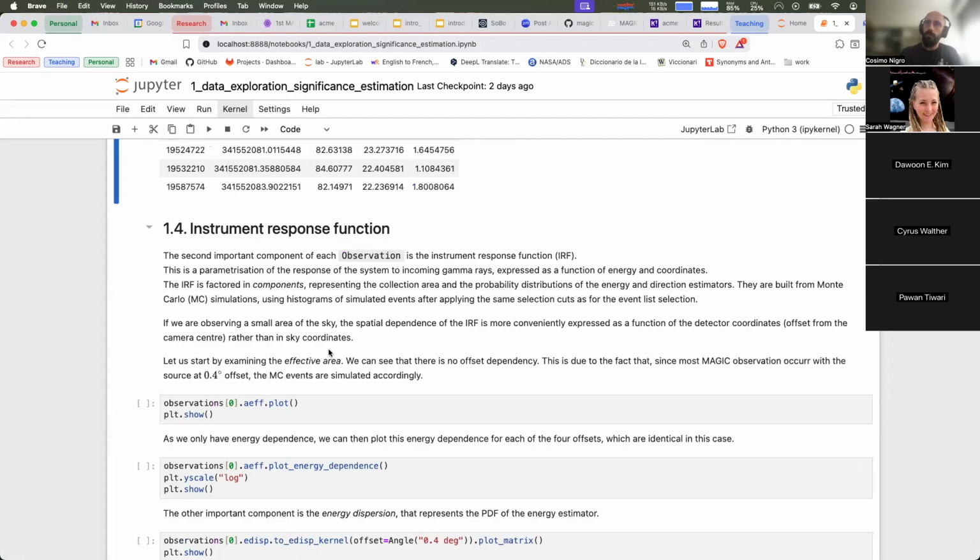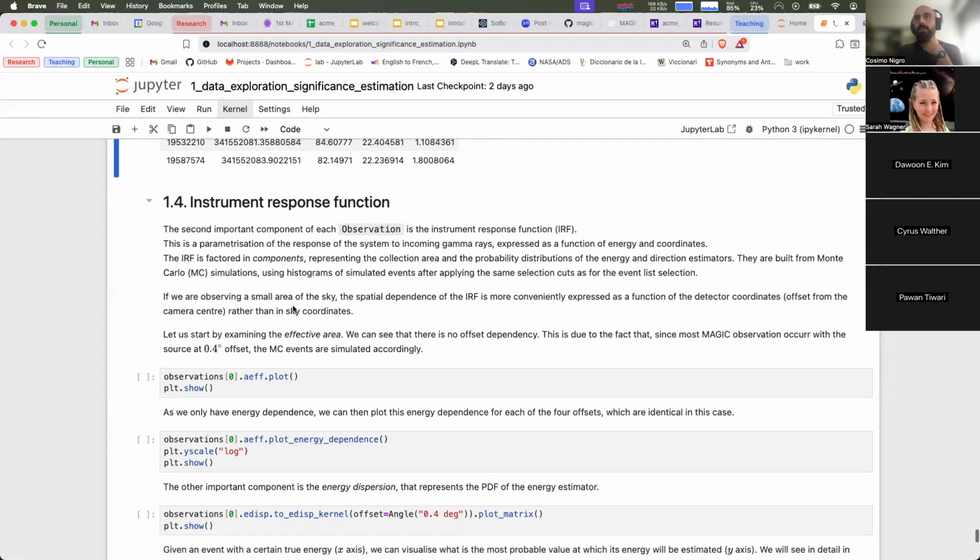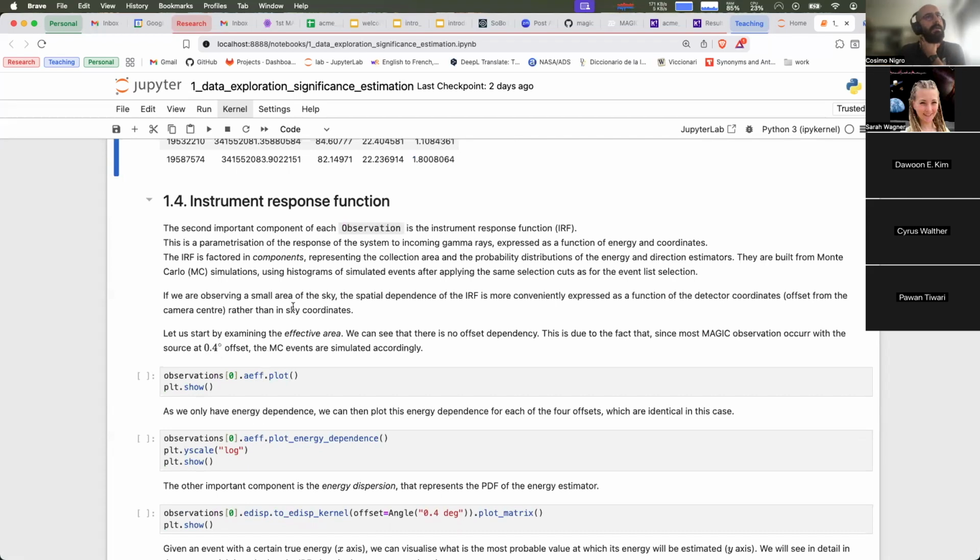What if we want to go further? What if we want, for example, to estimate the flux of a source? So we need the IRF. What is the IRF? It's the instrument response function. It represents different components of the response of the system.